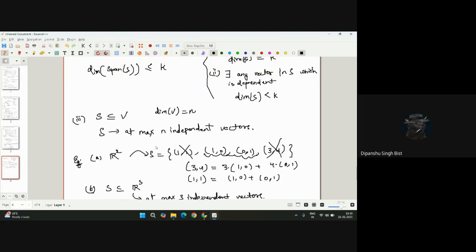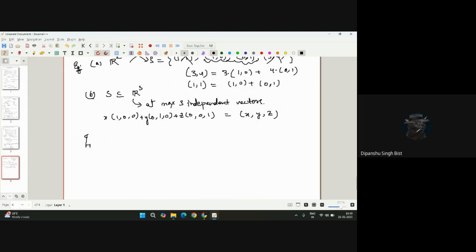So in general, if there is a set S which is a subset of Rn, then at max it can have n independent vectors.